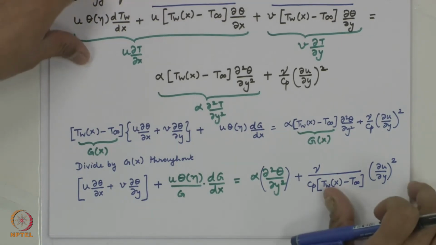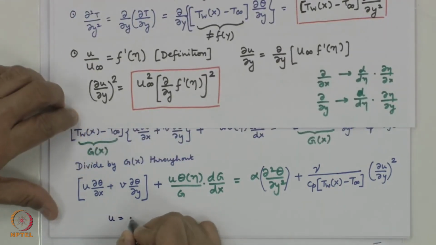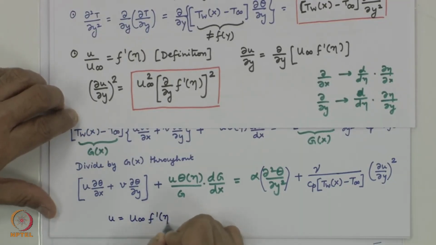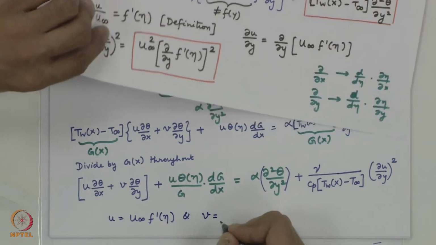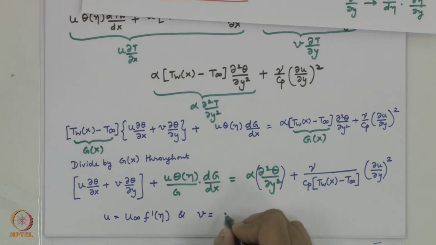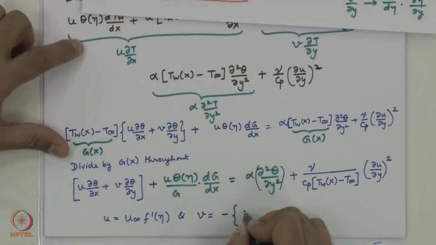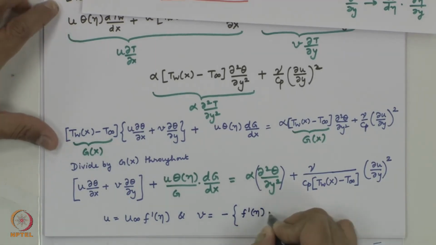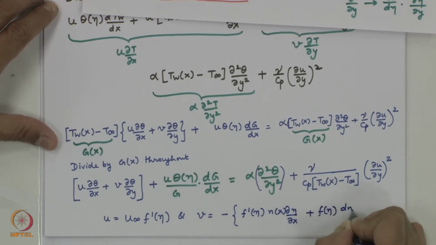So now let us substitute for u: u is equal to u infinity f prime of eta, and v is equal to, this is from your momentum equation similarity method, v is equal to minus [f prime of eta n of x d eta/dx plus f of eta dn/dx].